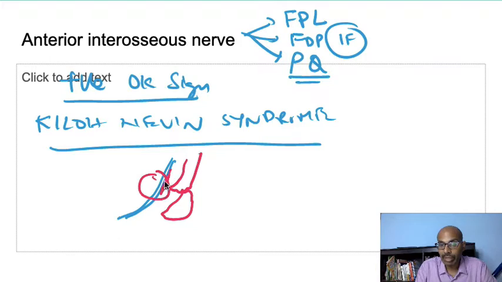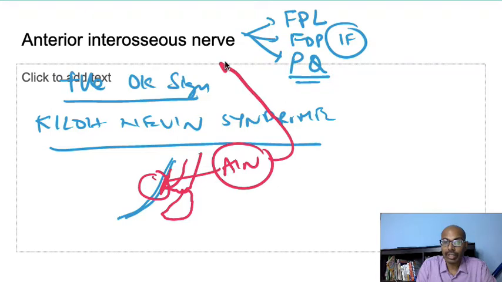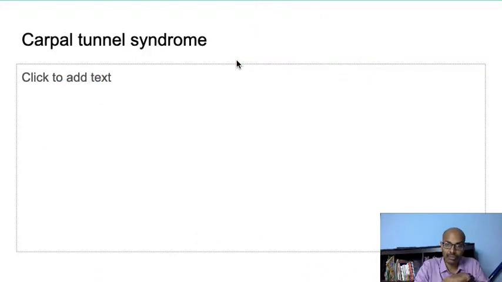The posterior-most structure in the median nerve is the anterior interosseous nerve, and therefore it causes anterior interosseous nerve palsy or weakness. And the child will not be able to make this complete circle because of a failure of the FDP of the index finger and the FPL. Usually once you correct the supracondylar fracture, they recover very well.